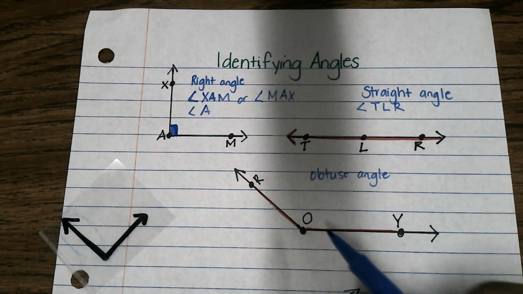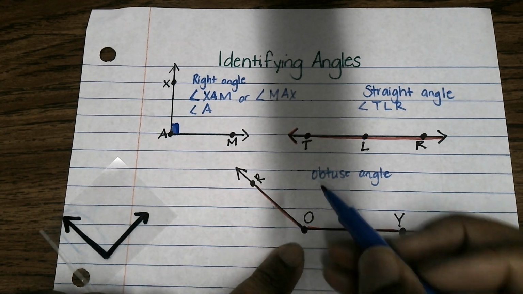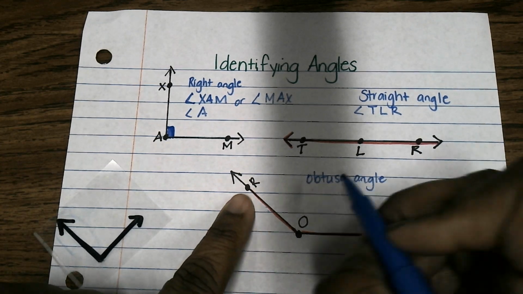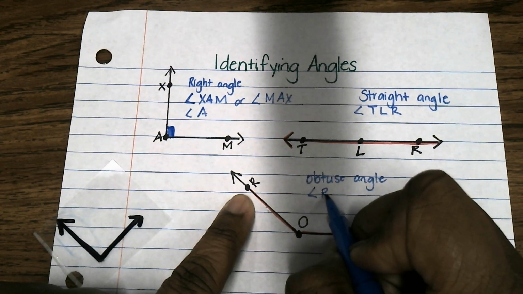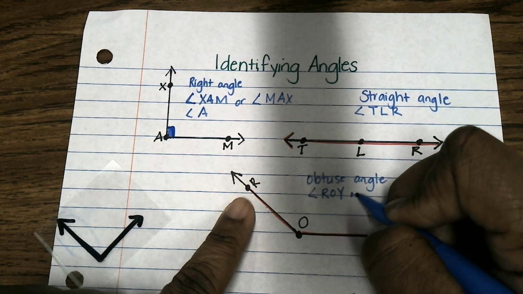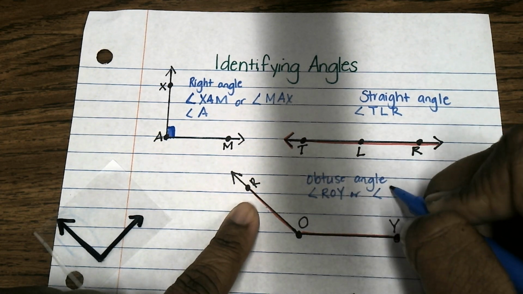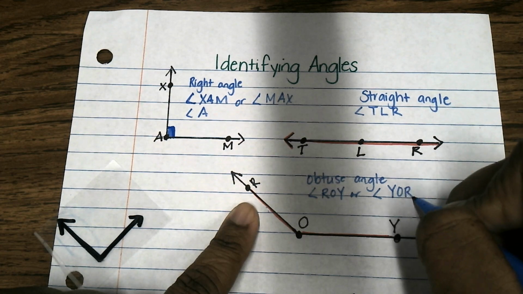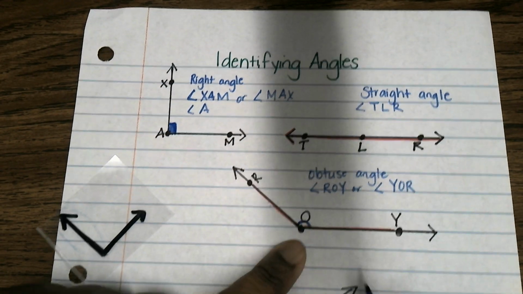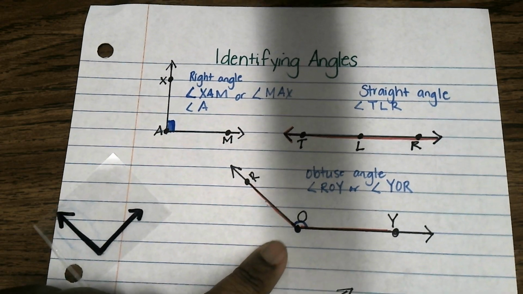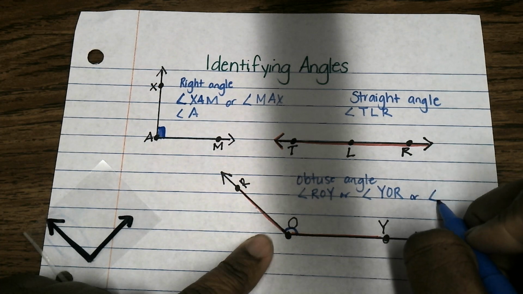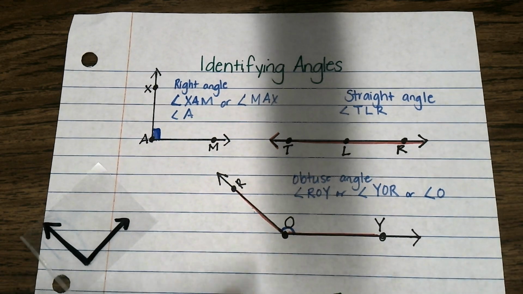And we would name this angle, remember this is the middle vertex, that's the middle, so that stays in the middle. So it would be angle ROY, or angle YOR, or, and when it's an angle, you just kind of do a semicircle across it, or angle O.